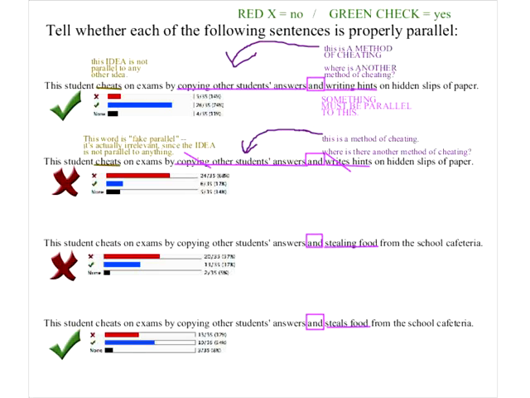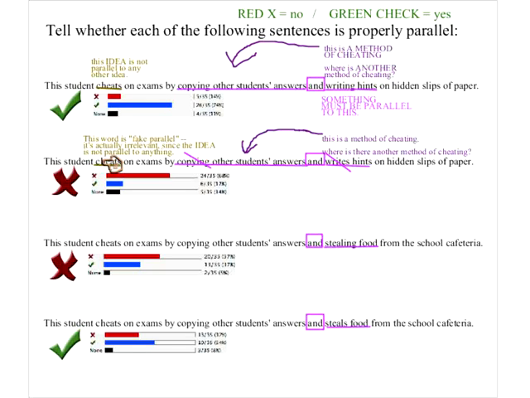So, yeah, cheats on exams, this is a large-scale action. These are two small-scale actions that are a type of this. So this is a way of doing that.